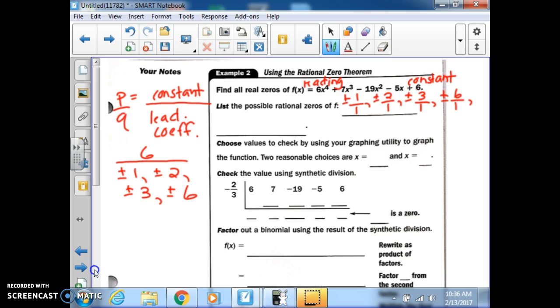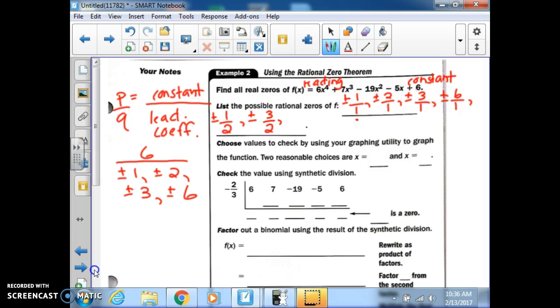All right, then we also need to do plus or minus 1 over 2, plus or minus 3 over 2. We could do plus or minus 2 over 2, but 2 over 2 is just 1, and we already have that represented right here. Okay, so we don't need to repeat anything.